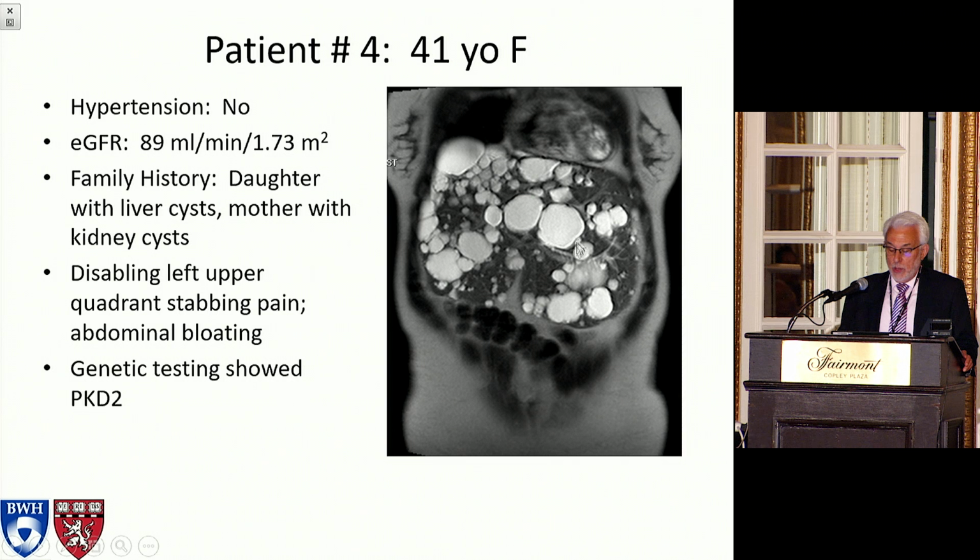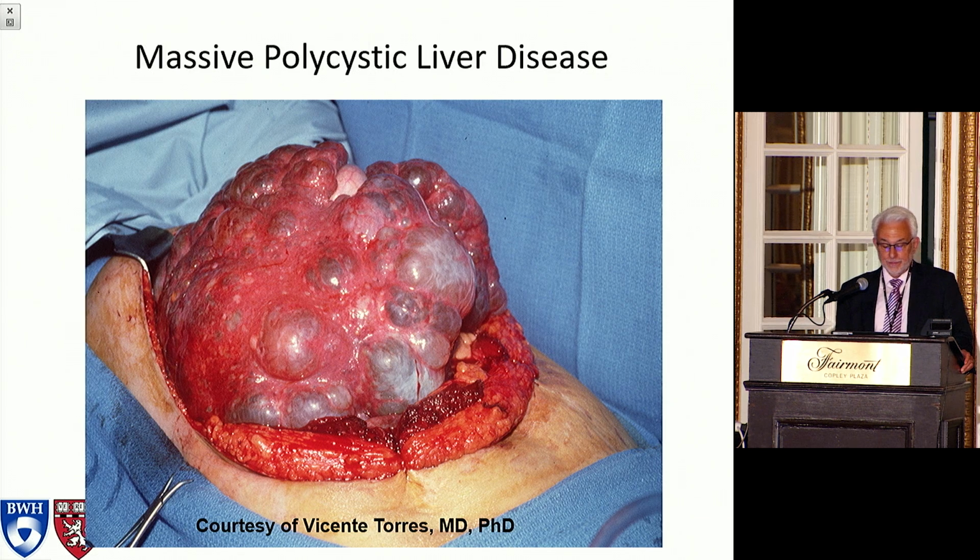So this is the MRI T2 window, and this is all liver. And you can see that the liver is almost entirely taken up by lots of these white cystic blobs. And she had an enlarged liver, and this was the source of her abdominal discomfort.